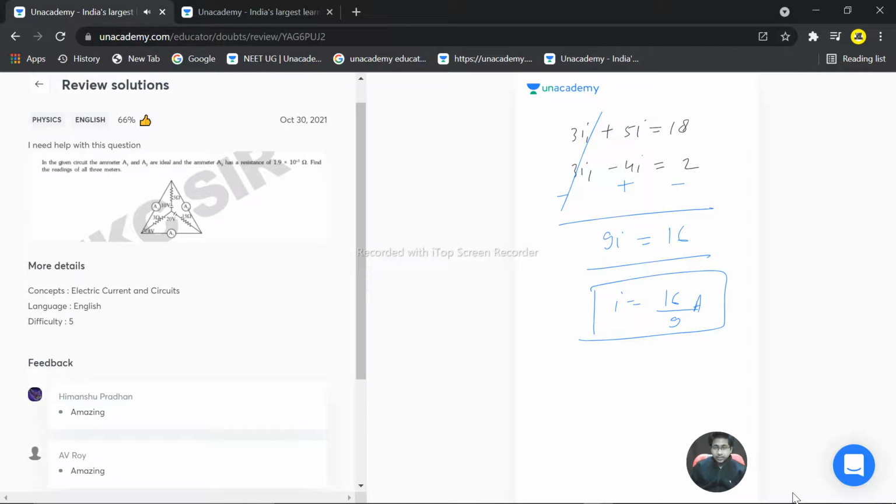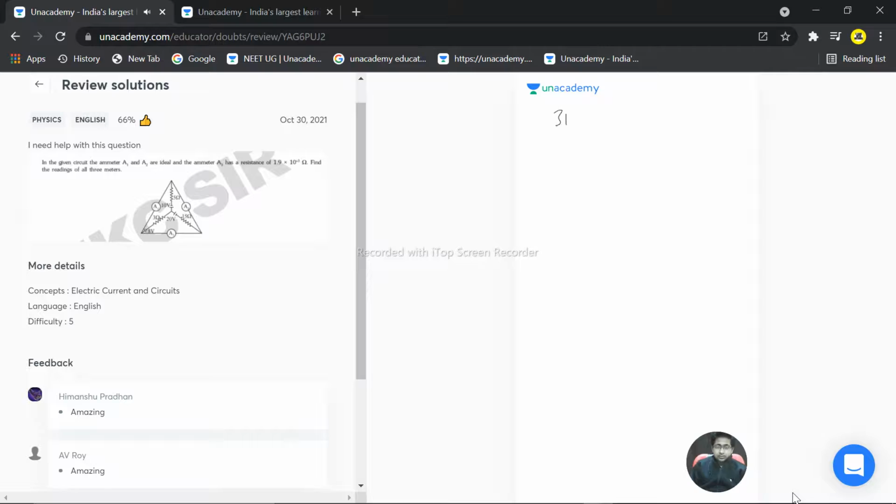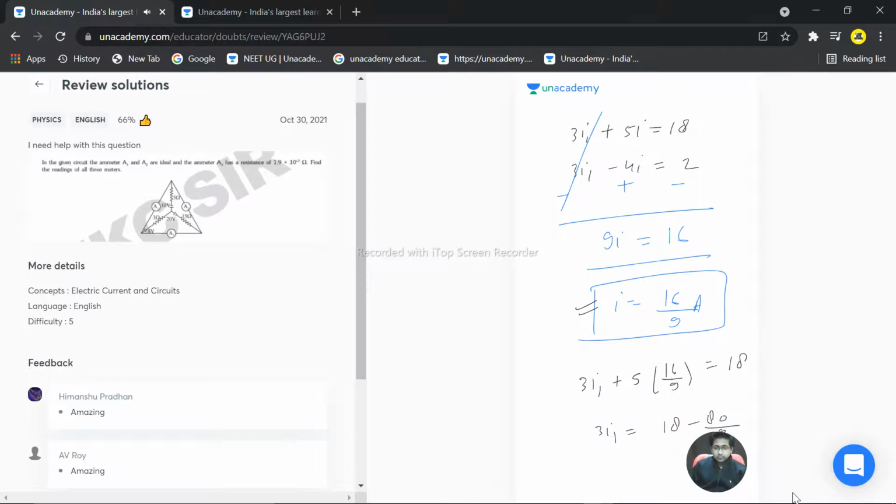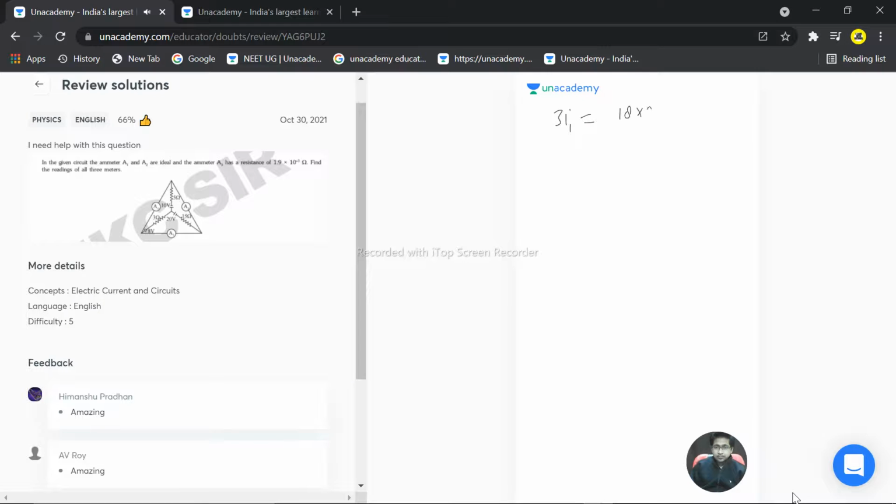So now if we have calculated this, let's place it above. 3I1 plus 5 times 16 by 9 is equal to 18. So 3I1 is equal to 18 minus 80 by 9, which is (18 times 9 minus 80) by 9. 18 times 9 is 162, and 162 minus 80 is 82.